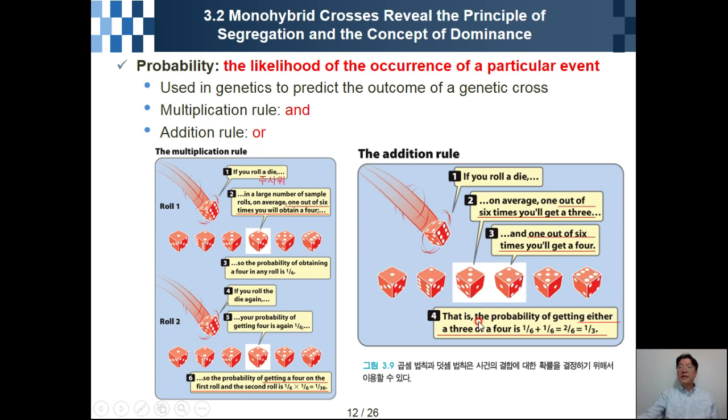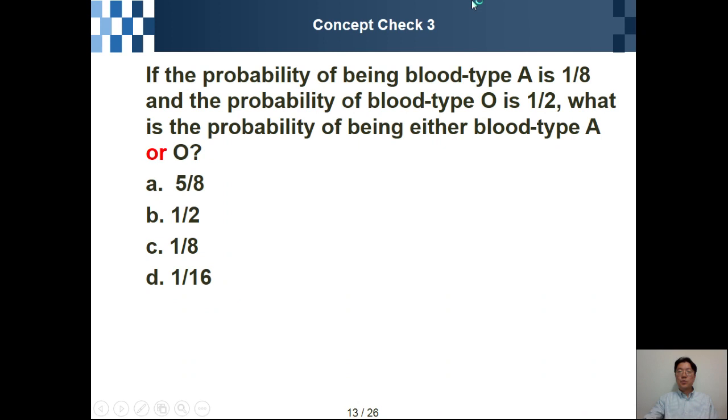So finally, the probability of getting either a 3 or 4 will be 1 out of 6 plus 1 out of 6, which is 1 out of 3. So this is the addition rule. Okay. In the multiplication rule there is an 'and', and in the addition rule there is an 'or'.